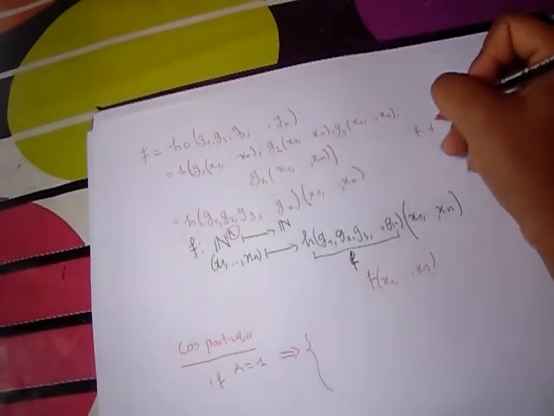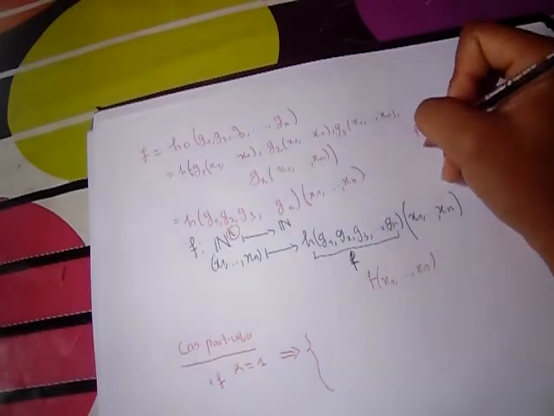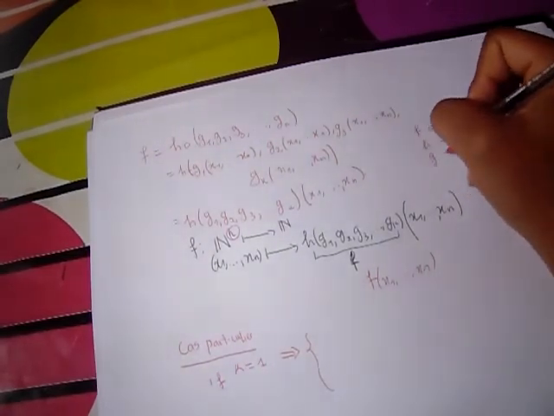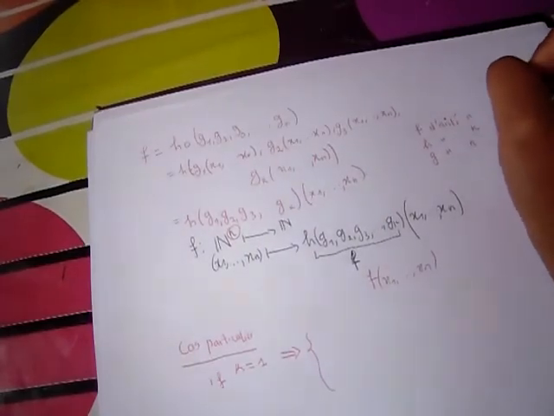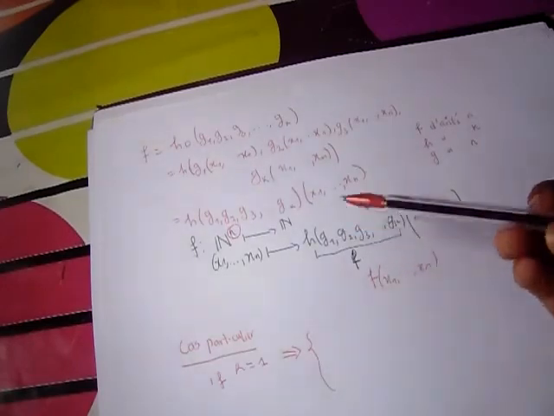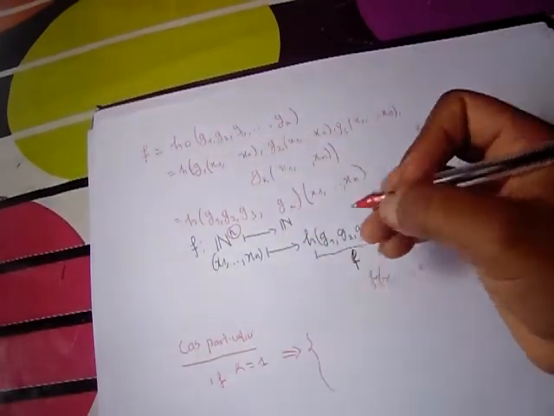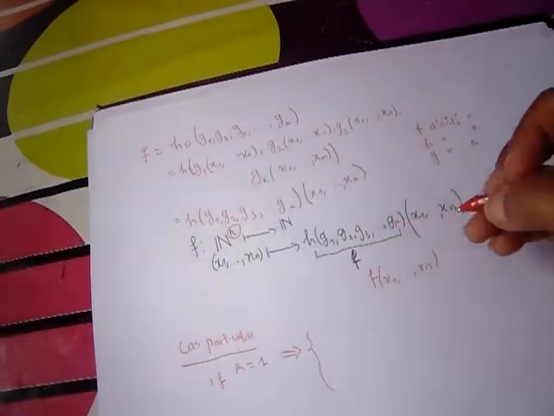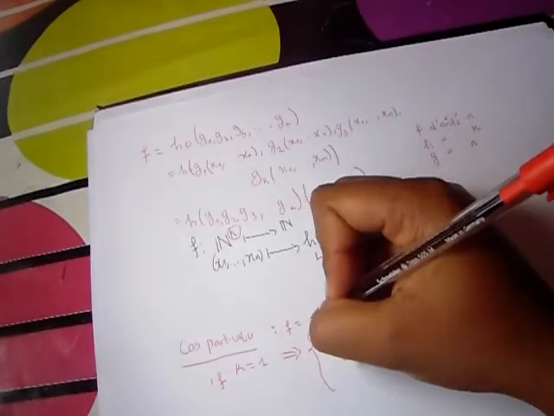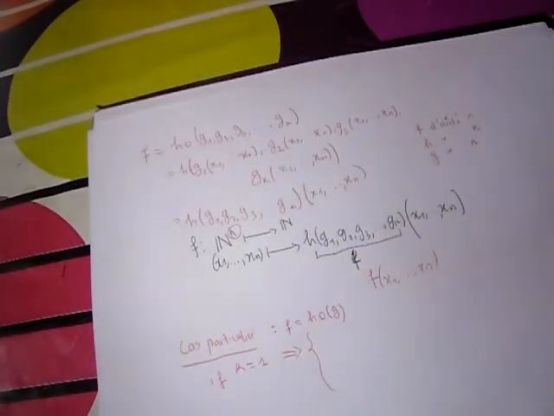We know f is d'arité n, h is d'arité k, and g is d'arité n. So if k is equal to 1, it means we'll have f is equal to h rond g, right?